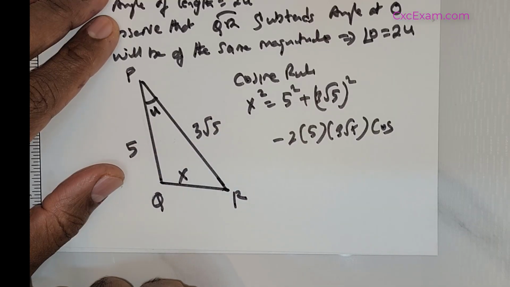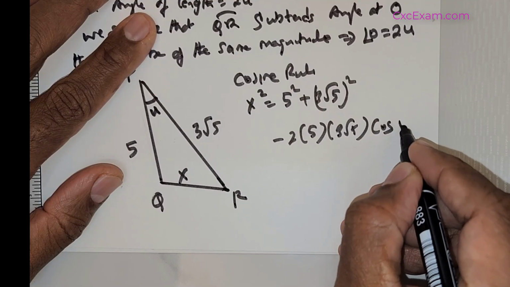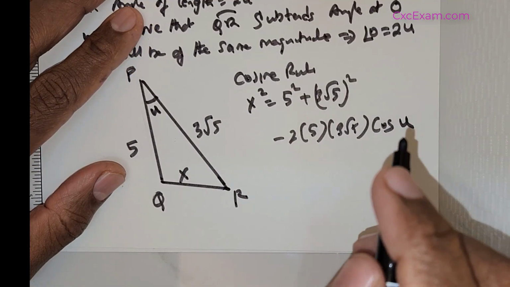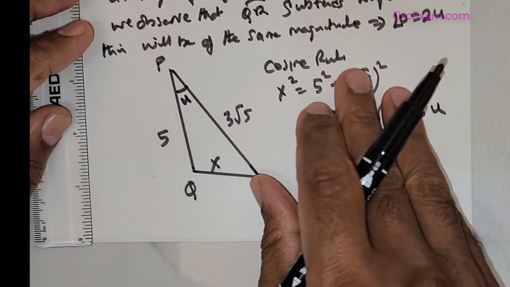Okay, so I will have to place that angle. Okay, so this is for triangle PQR.